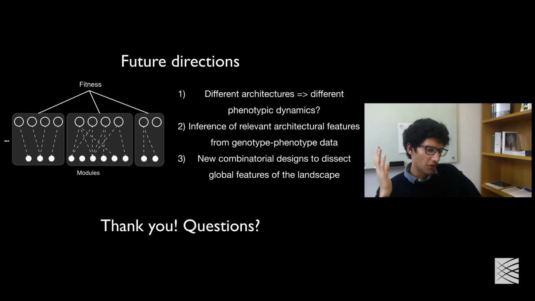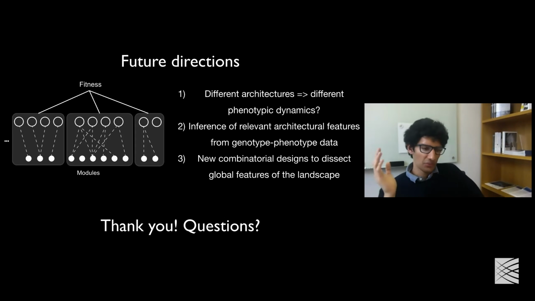Presumably, we have different modules that, for example, metabolize different sugars, and all of these together contribute towards fitness in a particular environment. So the question is whether different architectures lead to completely different phenotypic dynamics, right? And we have this framework which we can use as a hammer to analyze what kinds of evolutionary patterns will come out from different architectures.